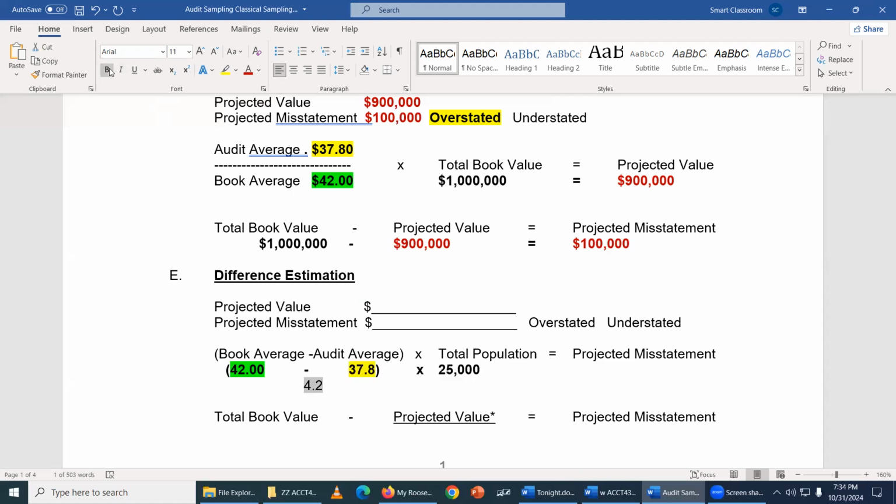What was it? 105,000. So this is the projected misstatement. Now this is where it gets a little bit tricky, because notice that this is the misstatement. The other ones we did the projected value first. This is the projected misstatement.